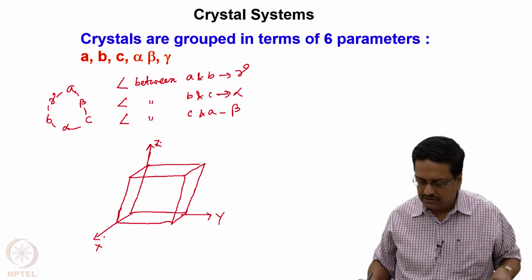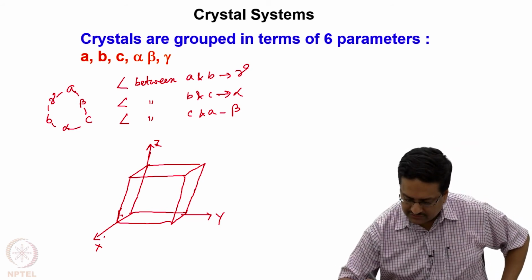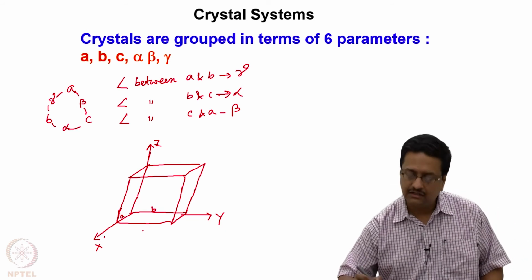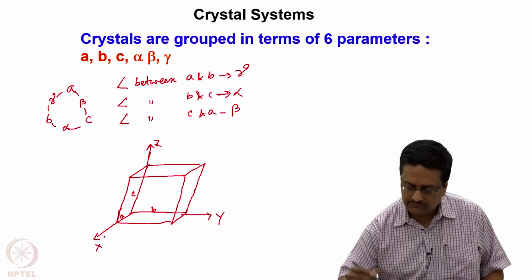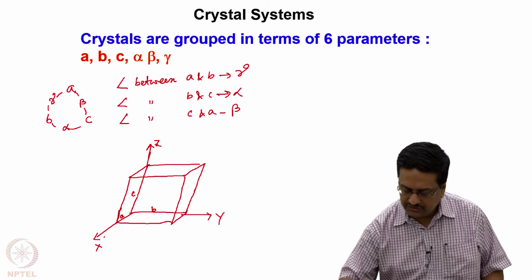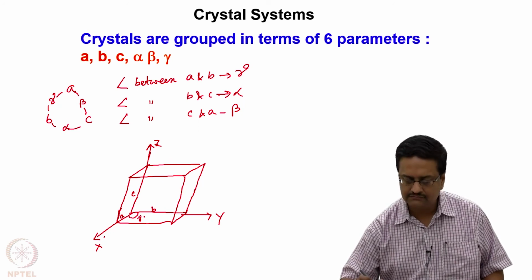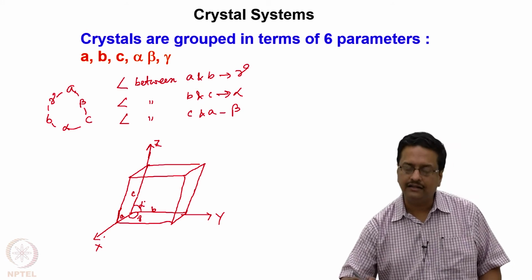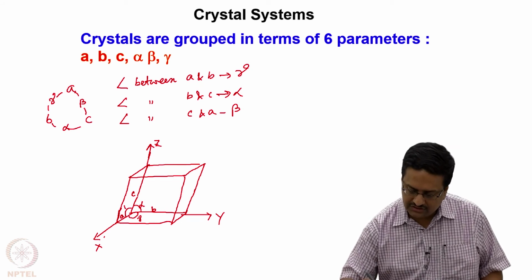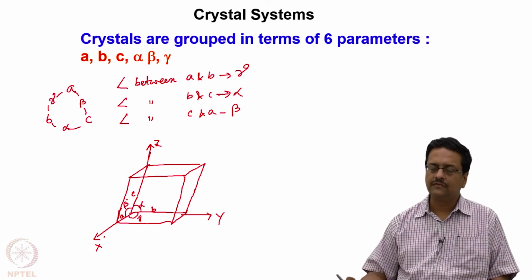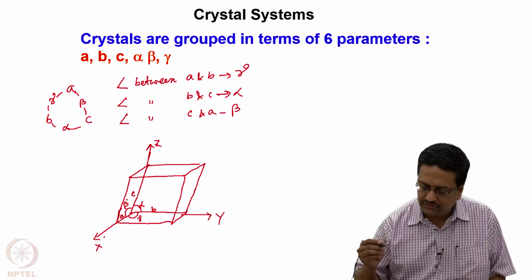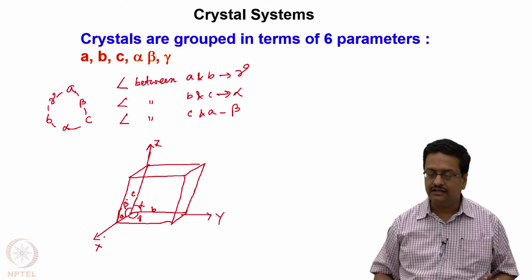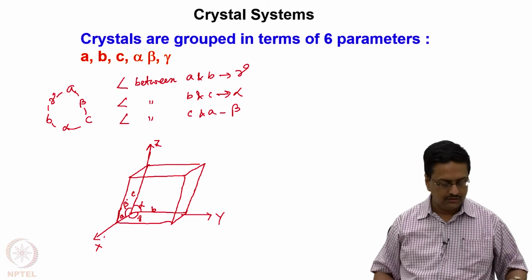So, here the distance along x is called a, the distance along y is called b, and the distance along z is called c. So, the angle between a and b is gamma, angle between b and c is alpha, and the angle between c and a is called beta. Is it clear? So, in this case, we need to remember this strategy, how we identify these a, b and c along with the corresponding directions.